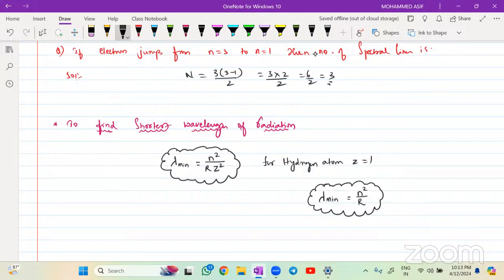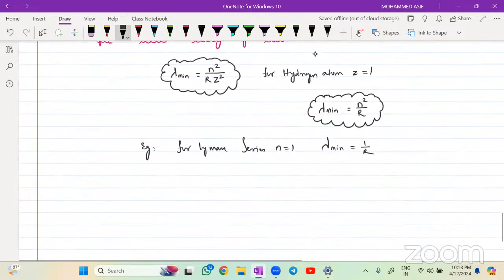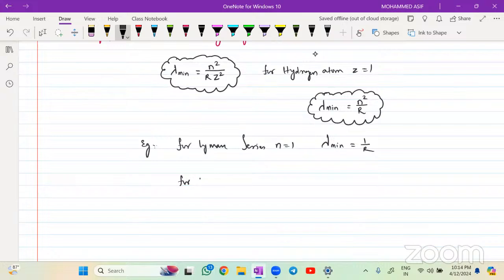Am I clear, beta? Let's say examples. For Lyman series, n is equal to how much for me? 1. So lambda minima will be approximately 1 divided by R. The same way, for Balmer series, n equals 2.